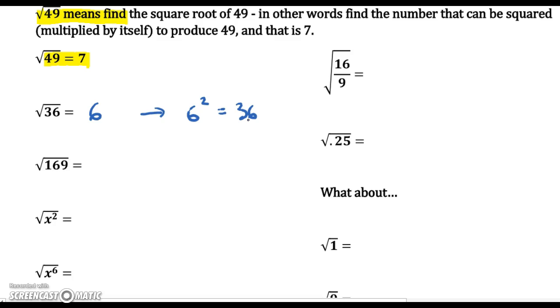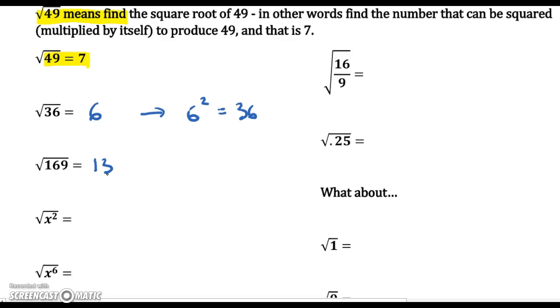This one might not be so obvious. This one is going to be 13, because 13 times 13 is 169. It might be a good idea to memorize the perfect squares up to 15, so that you save yourself some time when you're doing questions at home or questions on the test.